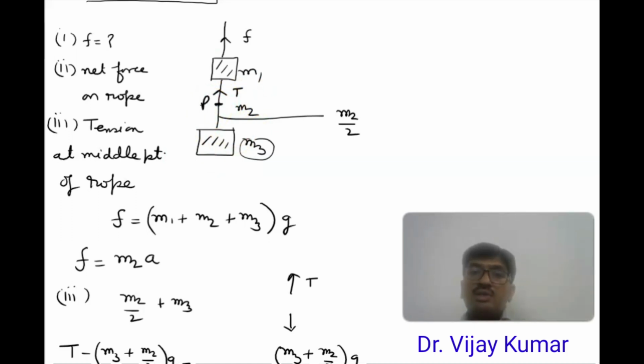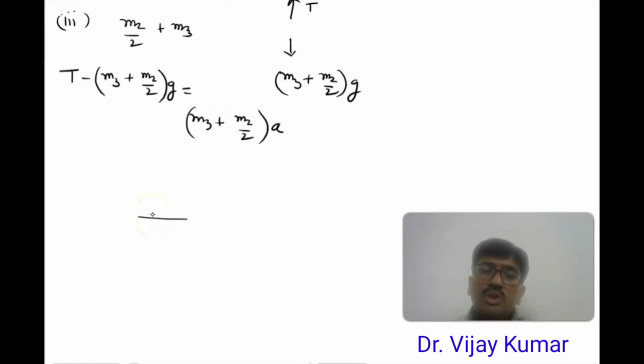Now the next case. Suppose this is a rigid plane, with a mass m1 and another mass m2.